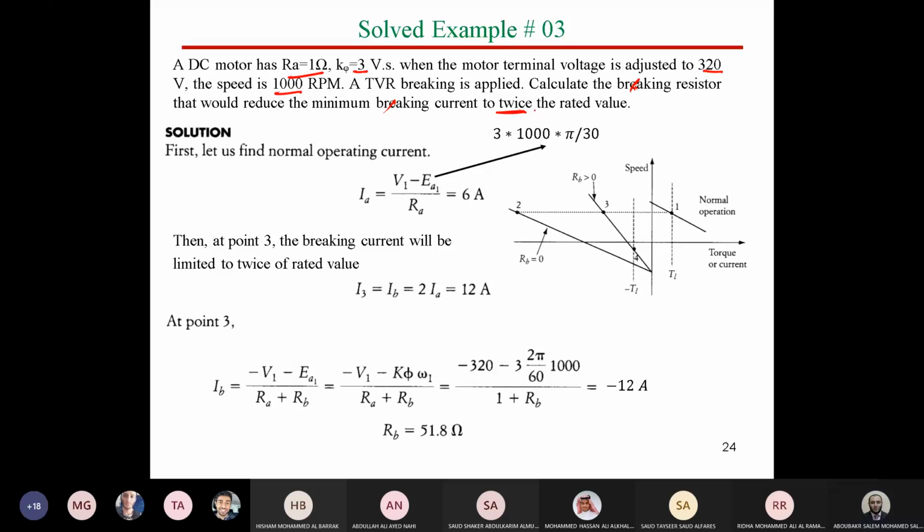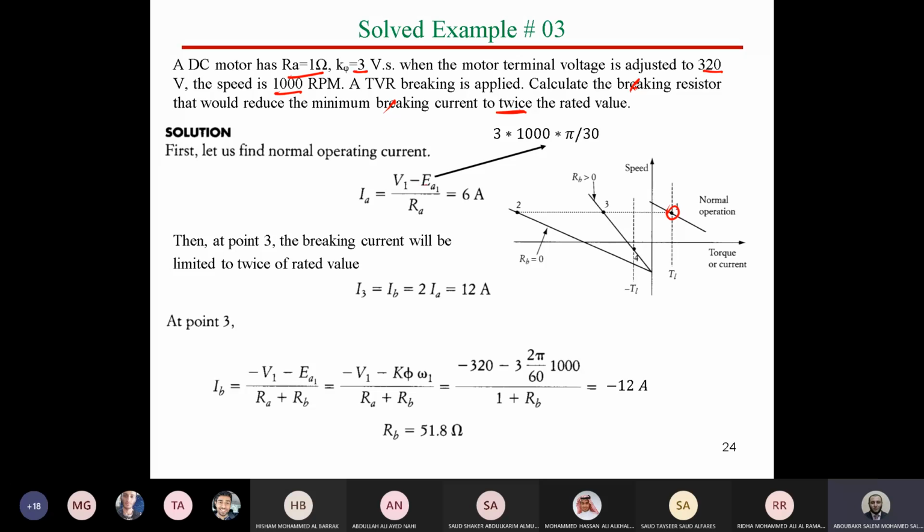So now it's needed to calculate the value of the braking resistor. In order to do that, we need first to know the motor current at the first case. At the first case, which is motoring mode, we have the operating condition. We can say now I equals V minus E over R. So simply we have terminal voltage of 320 volt.